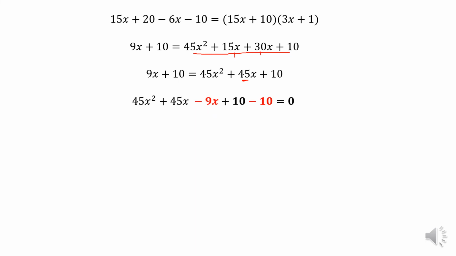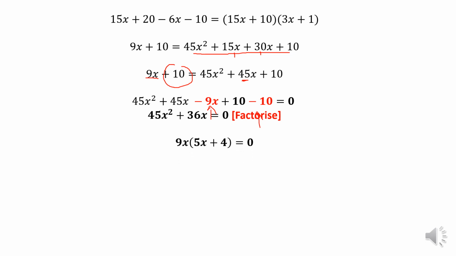The 10 becomes a negative 10. This 9x here, which is positive, obviously you subtract from both sides, so it becomes a minus. So eventually we end up with 45x squared plus 36x equals 0.